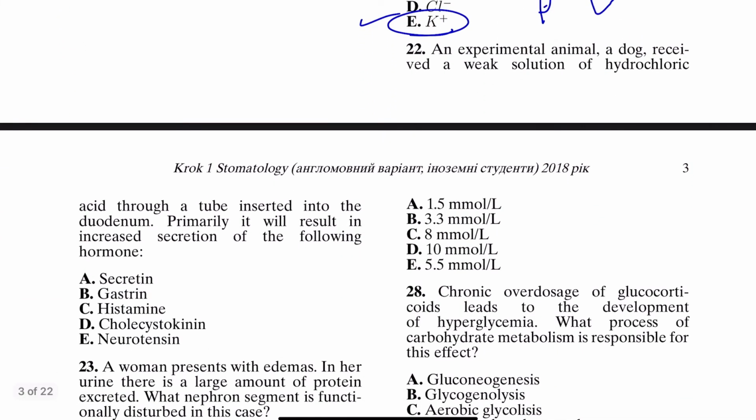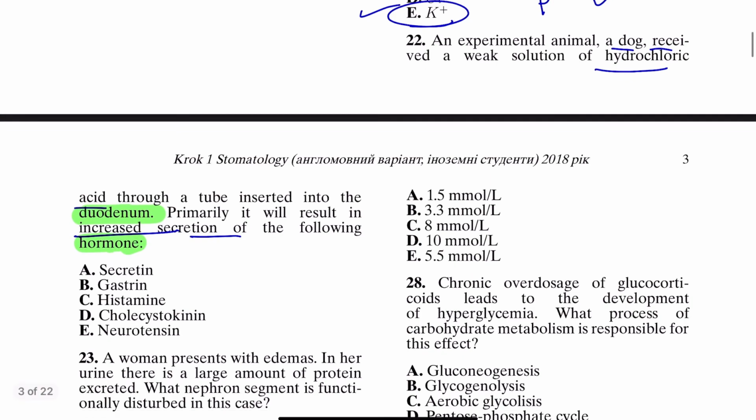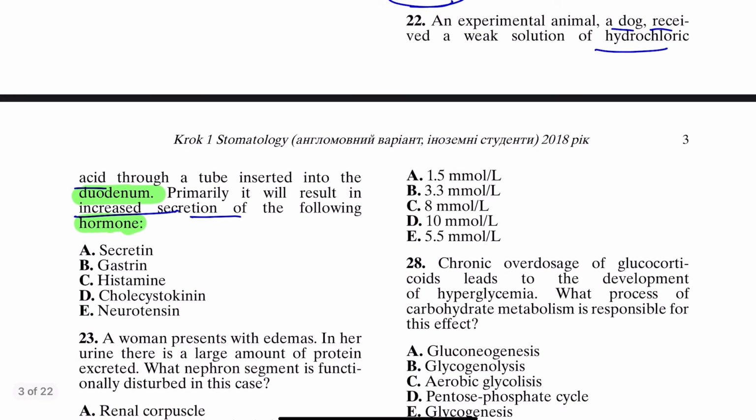Here we see a dog received a weak solution of hydrochloric acid through a tube inserted into the duodenum. Primarily, it will result in increased secretion of the following hormone. So here, they ask about a hormone or a substance that is secreted in the duodenum.